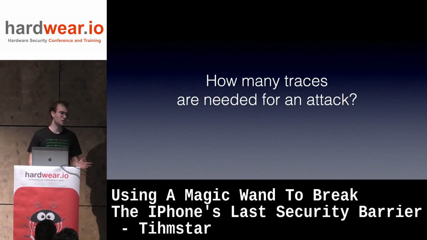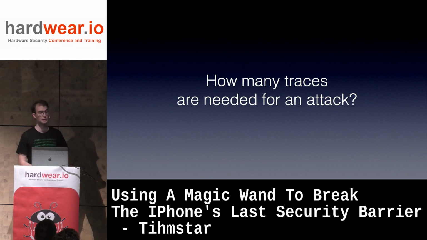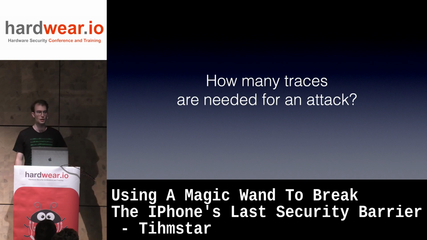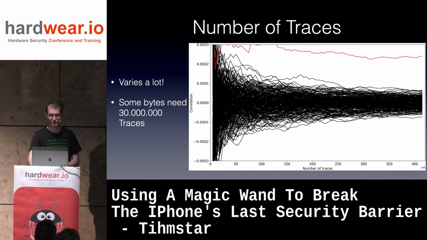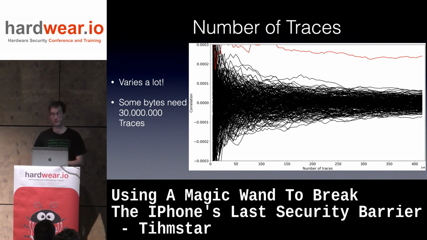So the big question is, how many traces are actually needed for an attack? Because I said, okay, 10 million traces, 100 million traces, 500 million traces. The truth is, it varies a lot. If you get lucky, then you can recover some key bytes with as little as 30 million traces.